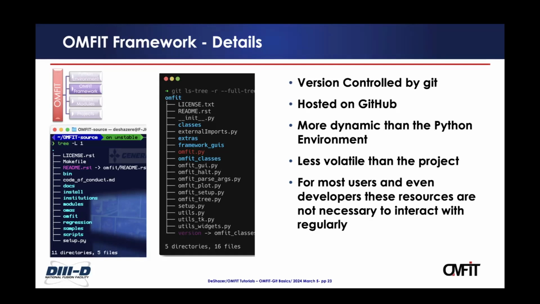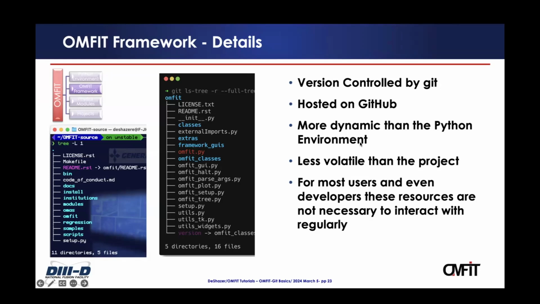It does that when you periodically tell it that you've made changes, so you have to push those changes back to a repo. So that's what Git is. And we version control the OMFIT framework through Git. Our version is hosted on GitHub. So basically we have a version in the cloud that everybody can go to and then pull down their own copy of this version in the cloud.